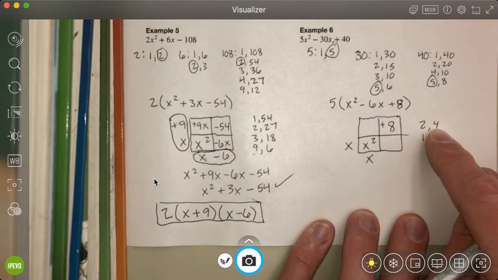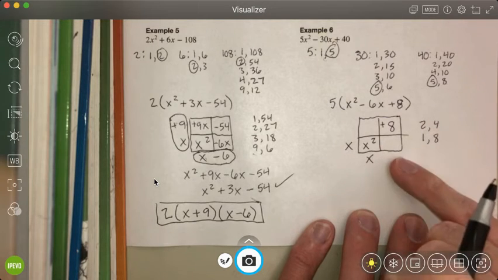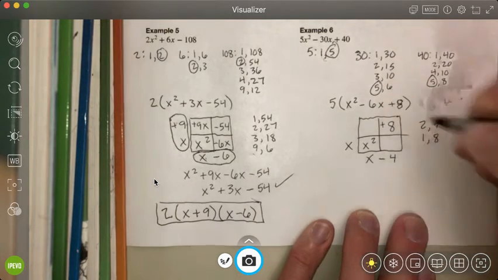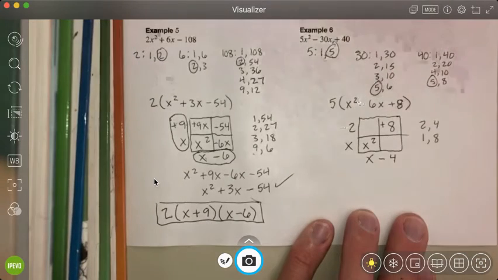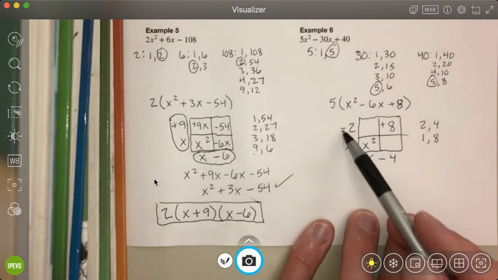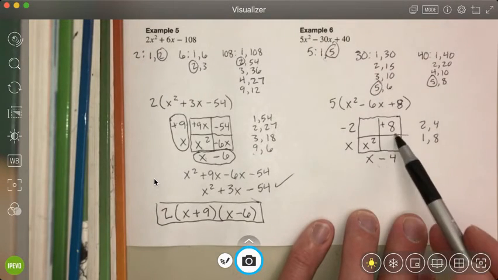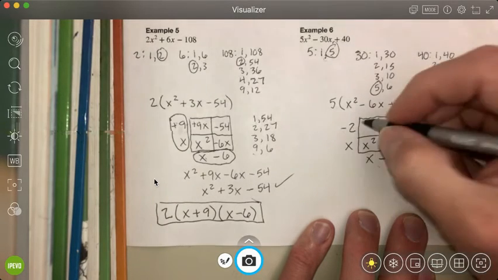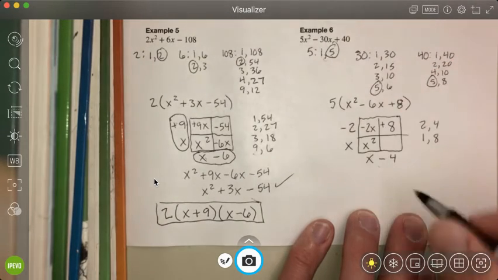Well, I think the important thing is remember that a negative times a negative is also a positive. And so maybe plus 2 plus 4 won't work, but maybe minus 4 and minus 2 will work. Because once again, negative 2 times negative 4 is positive 8, so we've checked off that one. Now negative 2 times x, negative 2x.